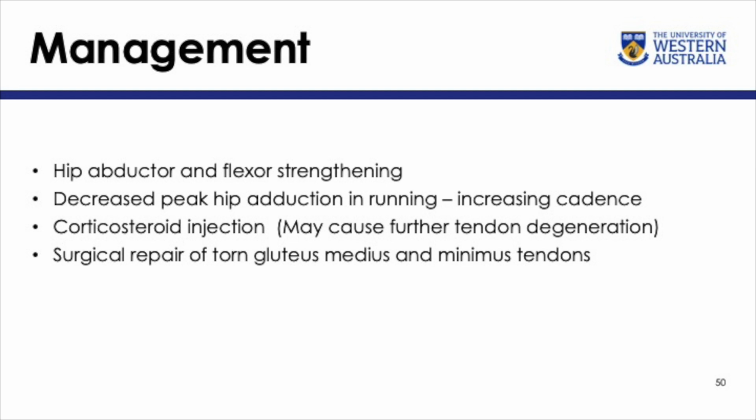Other conservative treatments include corticosteroid injection into the trochanteric bursa, although this can cause further tendon degeneration. And finally, surgical repair should be considered for tears of the gluteal tendons that aren't responding to conservative measures.